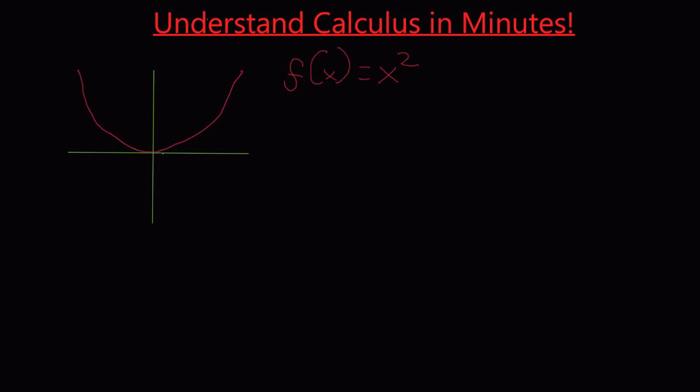Now let's mark on here some points along this axis: 1, 2, 3, 4, 5, 6. And so we want to know the area between the point 3 and the point 6. We want to know the area under here.